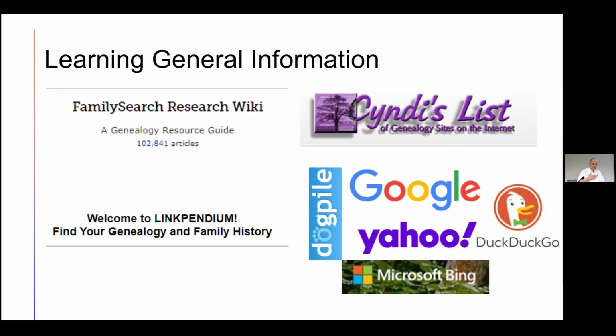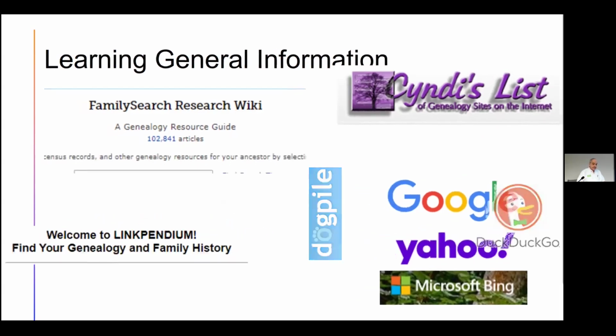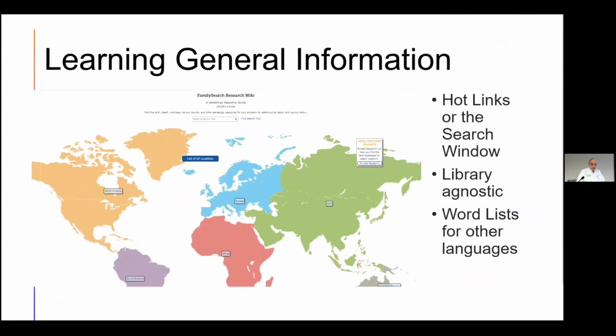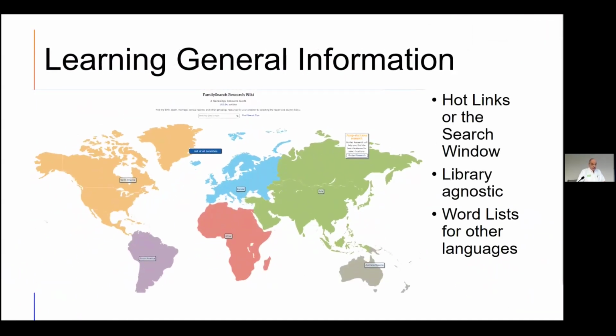My personal thing is the first place I go is to the FamilySearch Wiki. In the FamilySearch Wiki, you can get hot links. Those little hot link bars will take you to wherever you want to go.